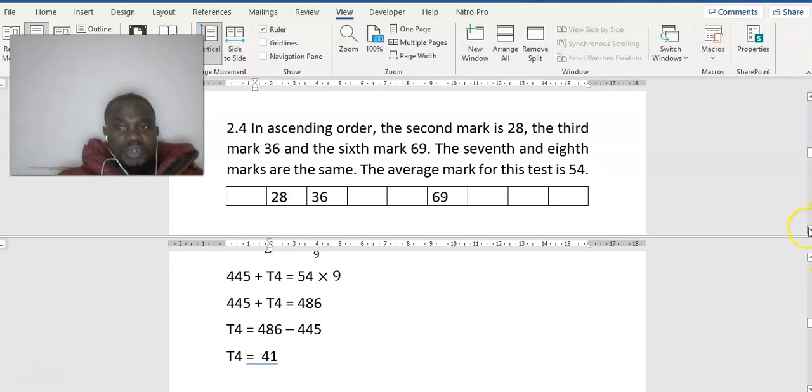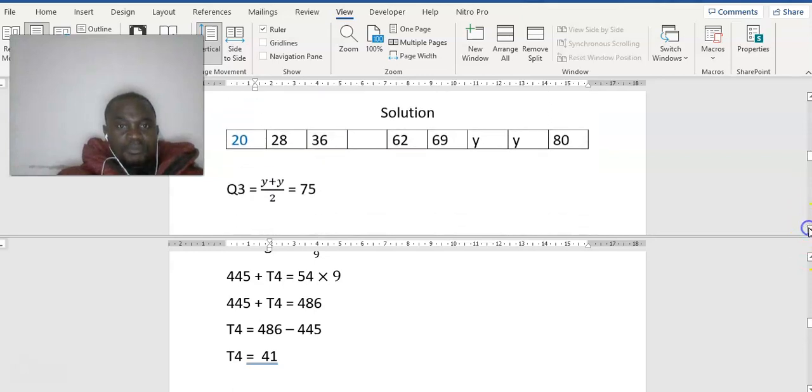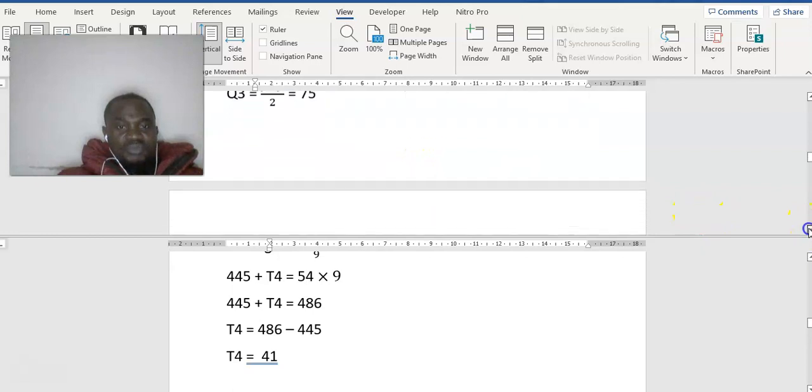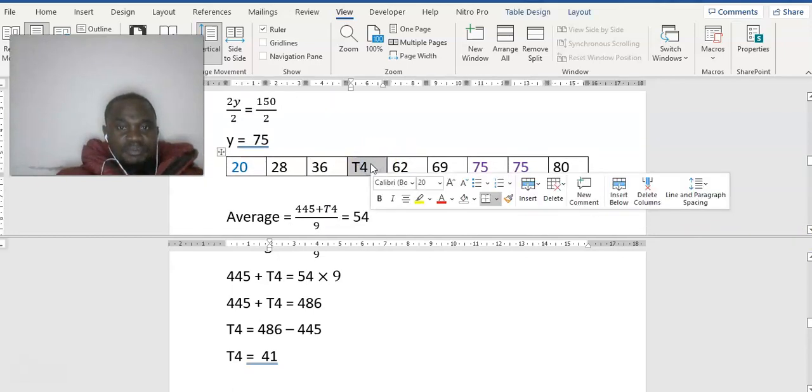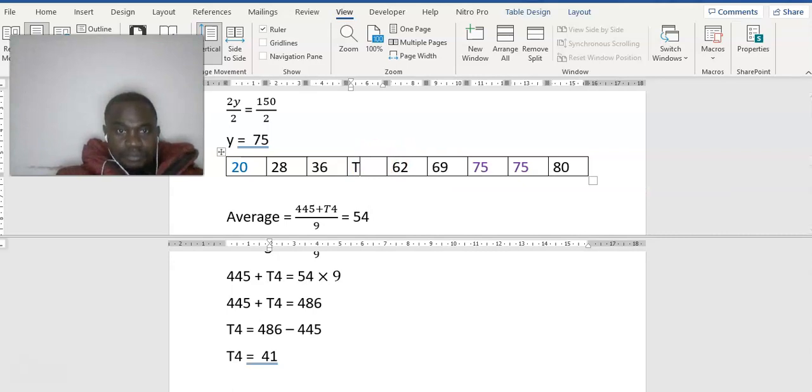So let's fill in the space. This side is going to be 41.